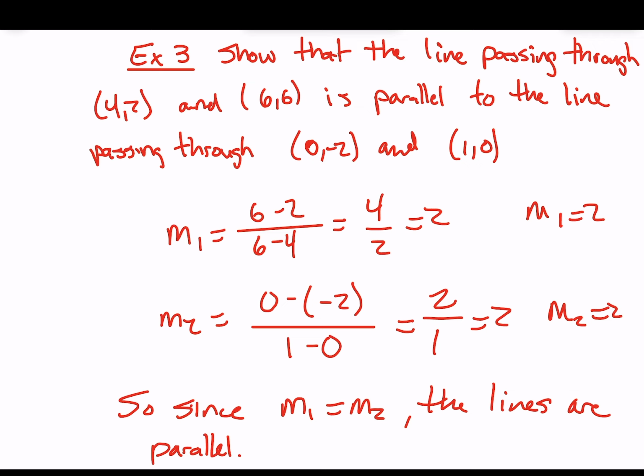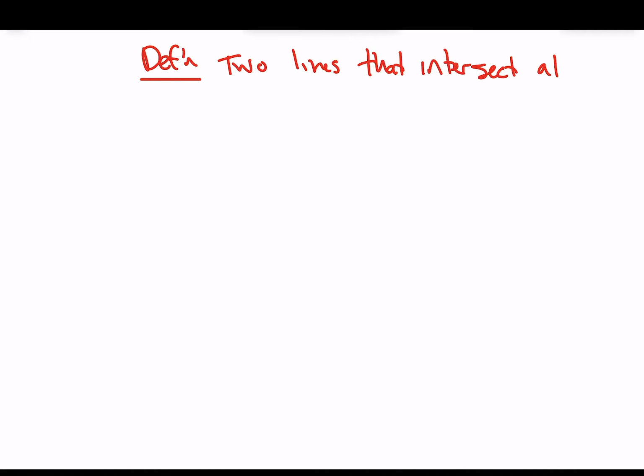Okay, let's now talk about lines that are perpendicular. Definition. Two lines that intersect at right angles, or 90 degrees, are said to be perpendicular.